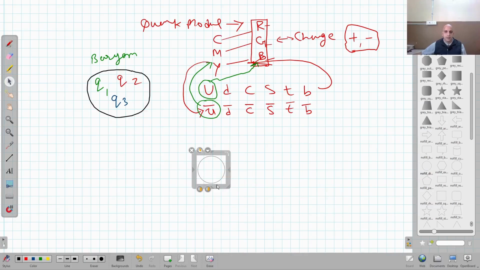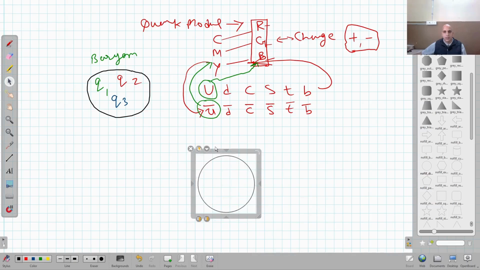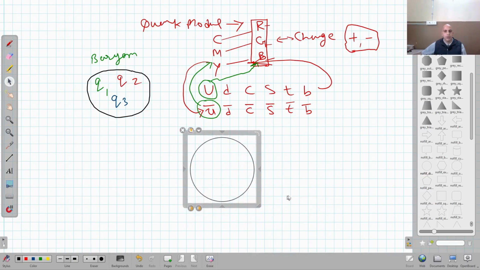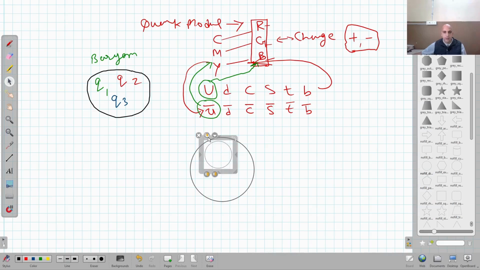Let this be a hadron, let it be a proton, right? Then inside the proton there will be 3 quarks, this is 1, this is 2, and this is 3.